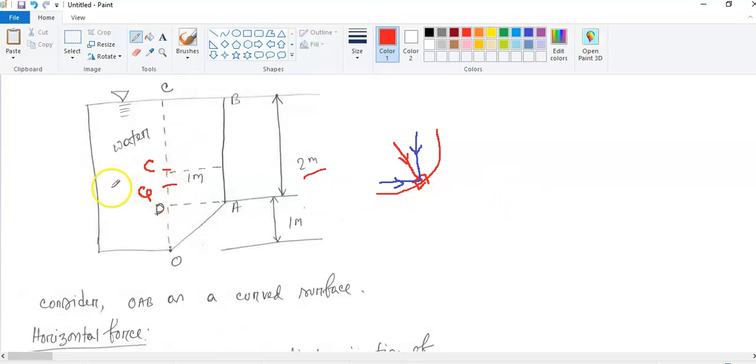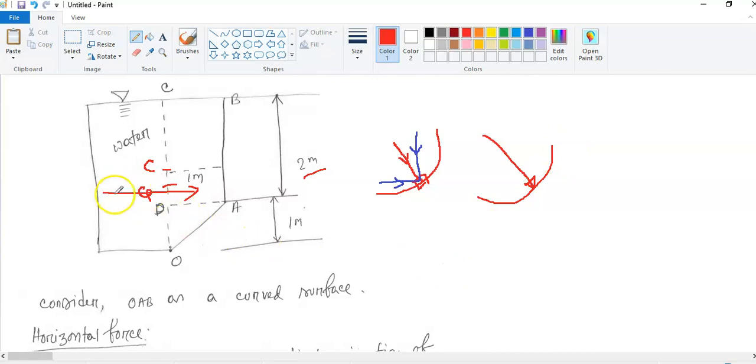The horizontal force will go through this way to the center of pressure. What we know from the theory is that when it is a curved surface, the force will always act in the perpendicular direction onto the surface.